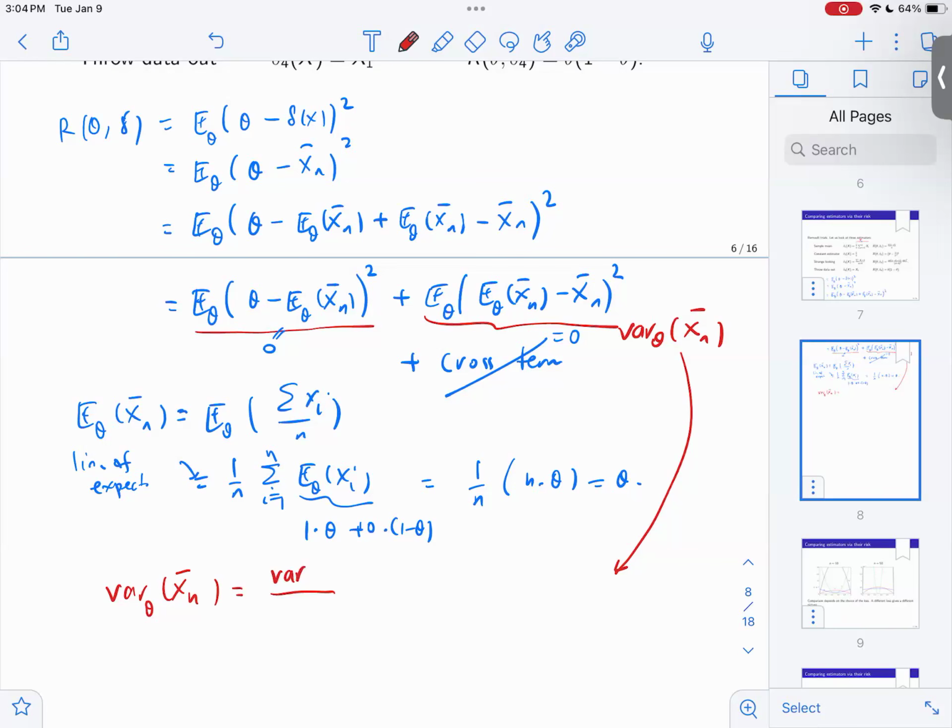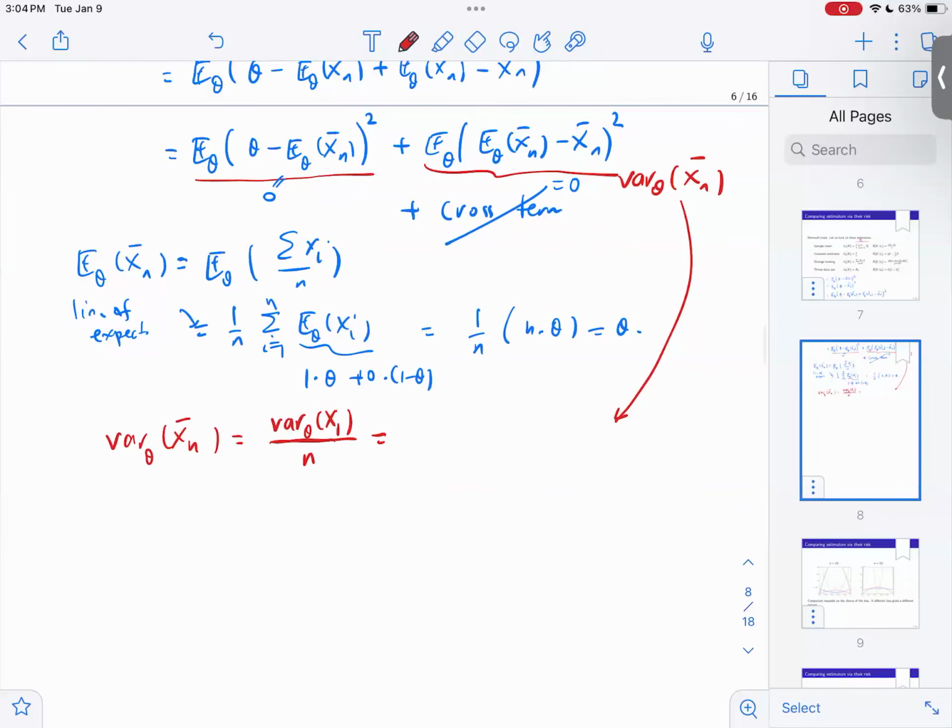It's going to be 1 over n times the variance of one of them, so the variance of x1 divided by n. I'm going to prove that as well for you. But first, what is the variance of a single Bernoulli? It's theta times 1 minus theta.